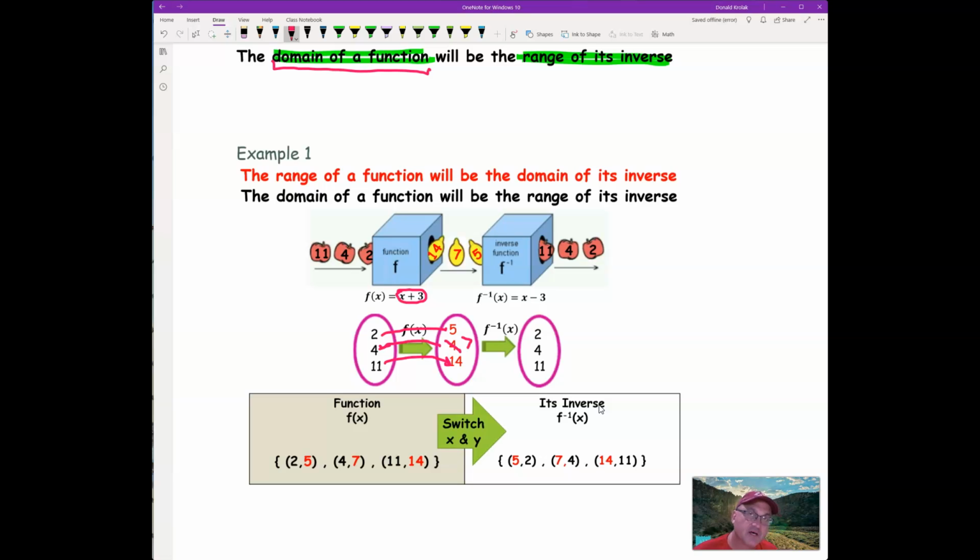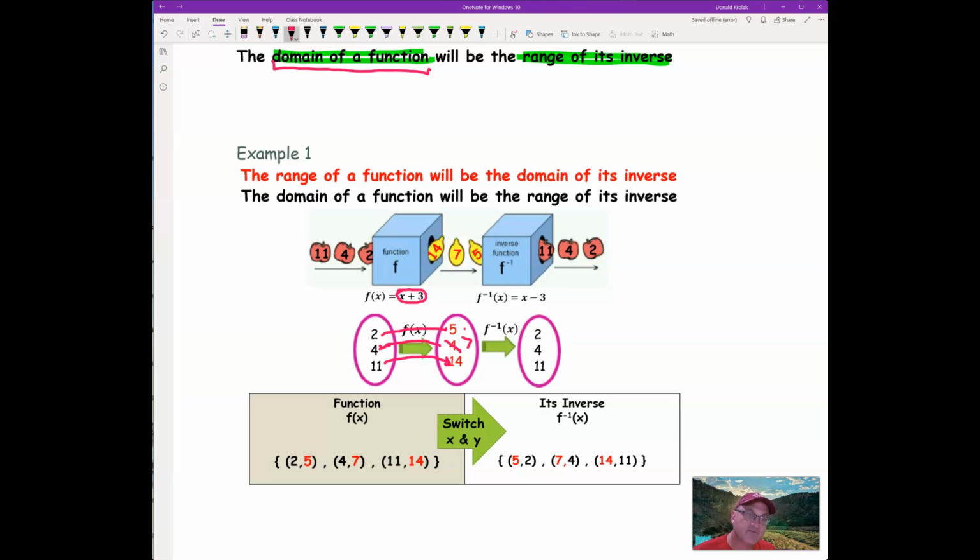That's what the function does. So if I wanted to reverse adding 3, it's pretty intuitive that I would subtract 3 and I'd be back where I started. That's what the inverse does. So here the inverse, when it goes into this box, takes away 3.